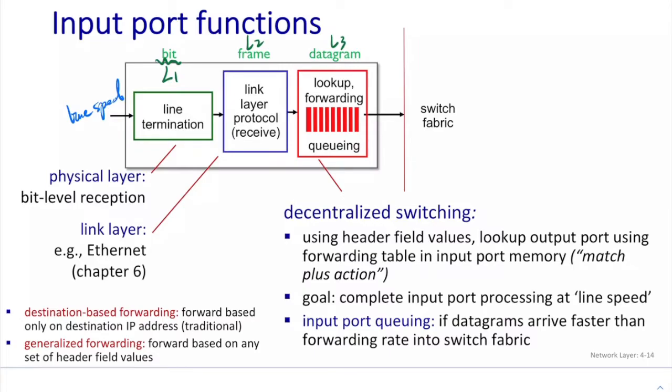But the new routers can forward the packet based on any set of header field values. For example, you can set a rule that if it is a TCP packet, we deliver this packet to router A, to port 5, for example. And if it is a UDP datagram, we send it to port 18. You can do that.